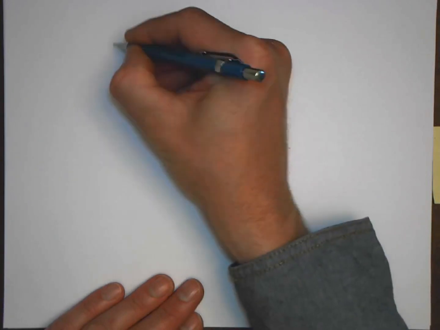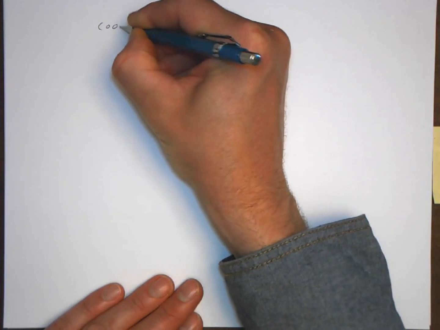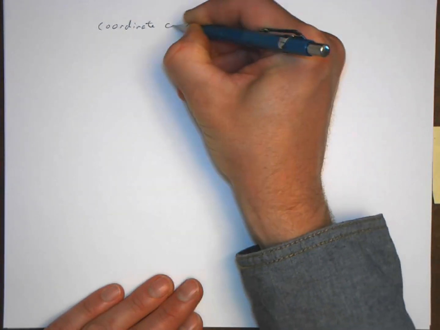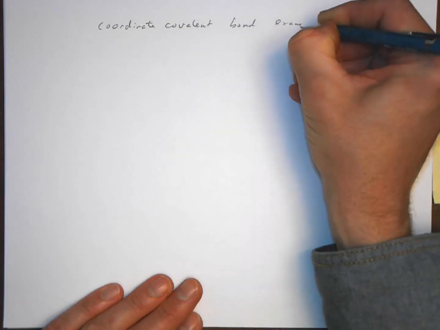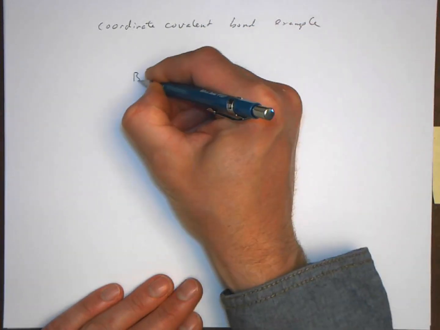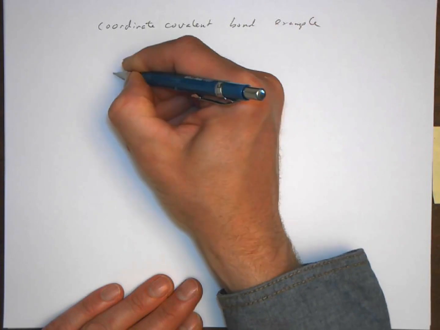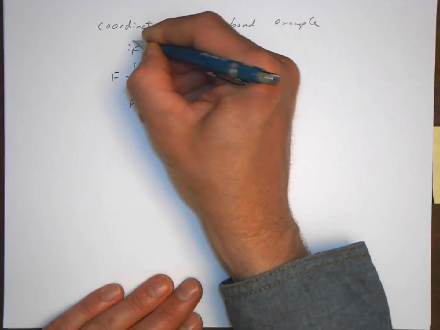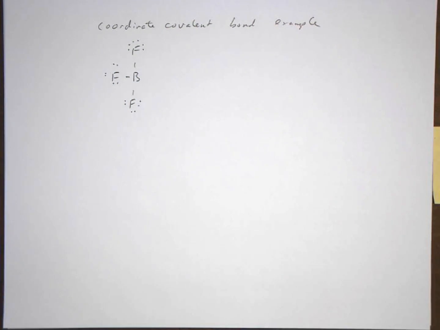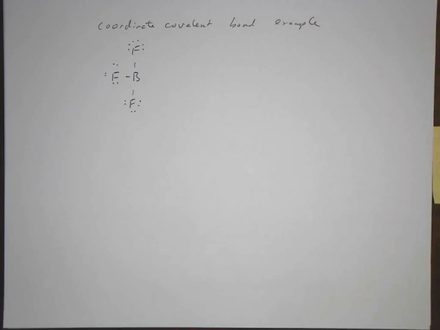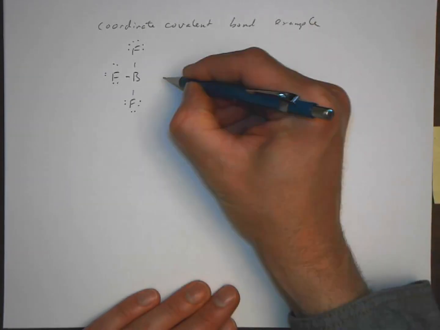Here's an example of a compound that forms a coordinate covalent bond. If we have boron trifluoride, its Lewis structure would look like this. And again, don't worry about how I got this; trust me on this. I'll show you how to do Lewis structures in the next lecture.